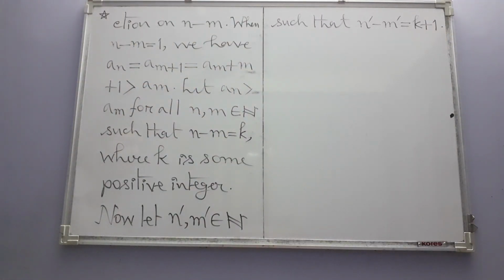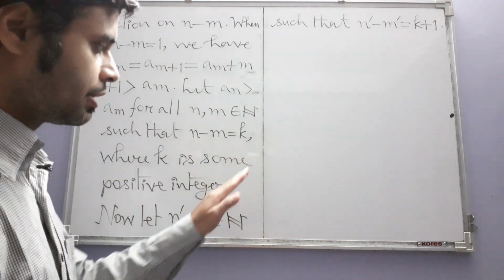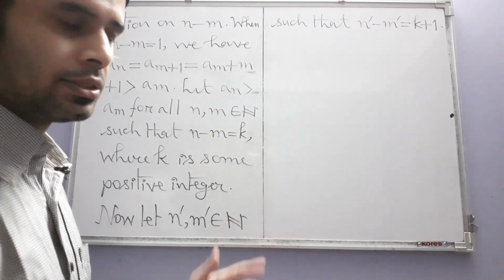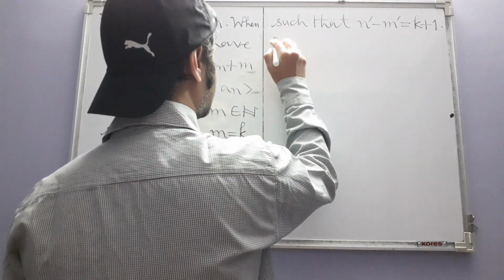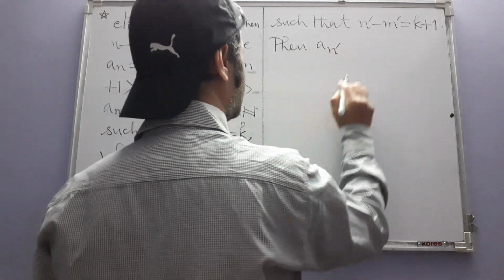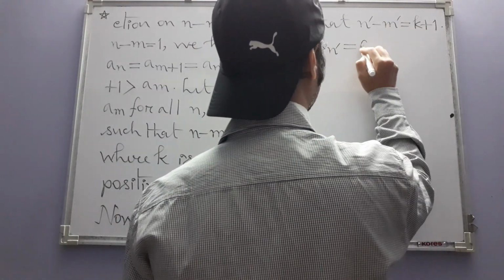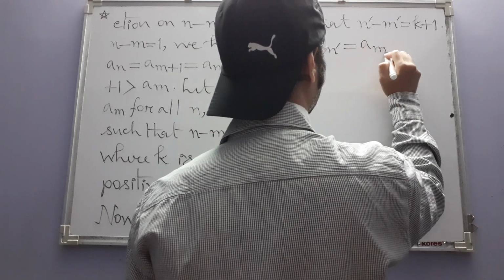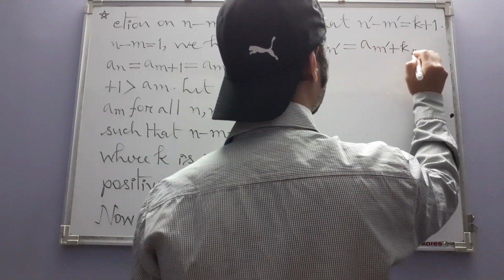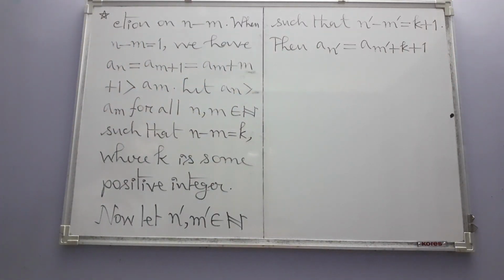Okay, and we have to prove that a_n prime is greater than a_m prime, that is our aim. Then a_n prime, of course from this relation, equals a_m prime plus k plus 1.